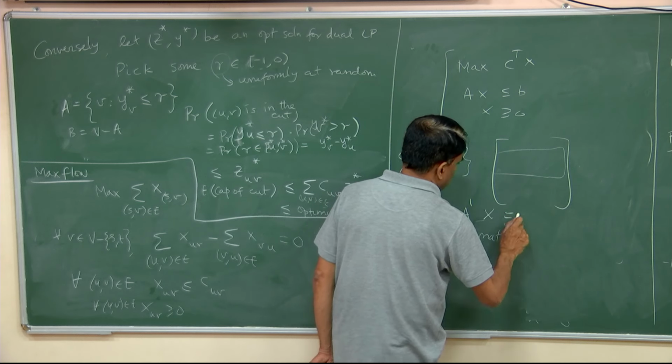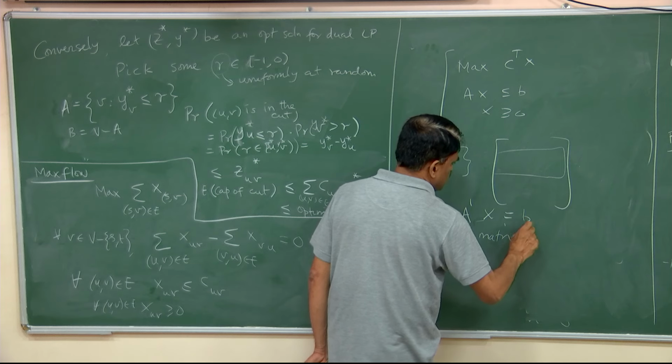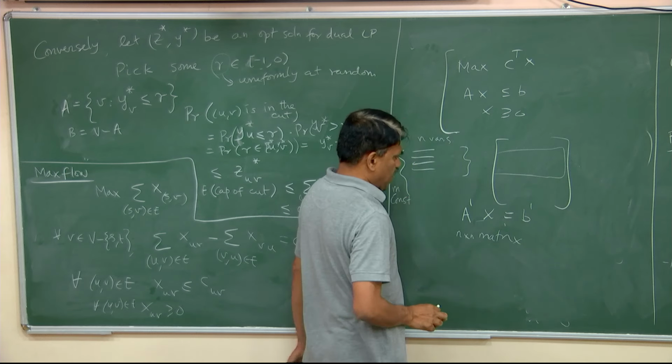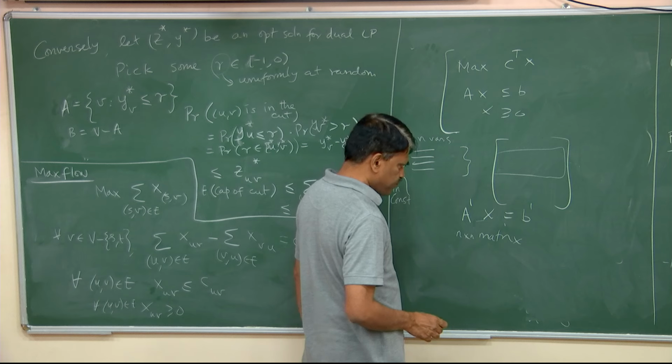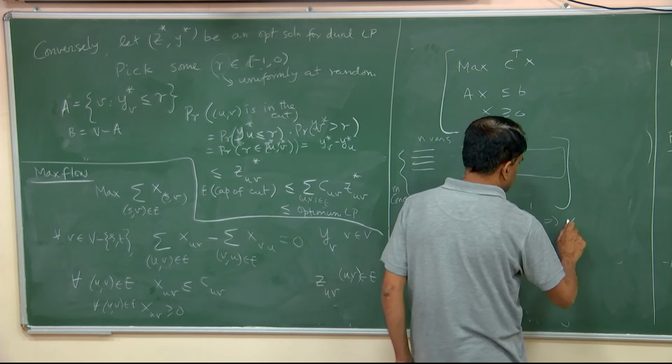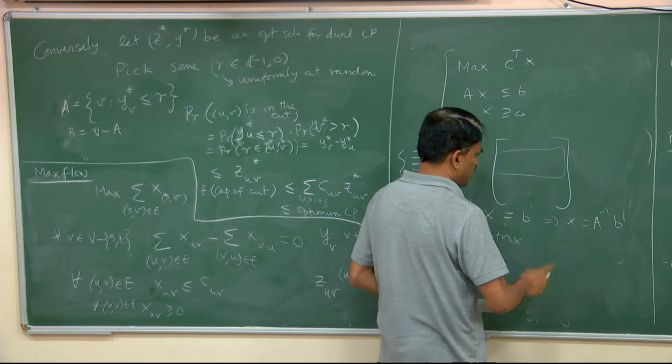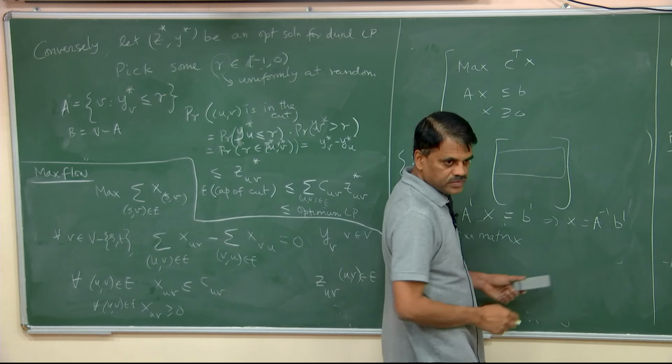And I solve A prime x equal to b prime, where b prime is the corresponding right hand side. Then x would be A prime inverse times b prime, and I want this x to be integral.